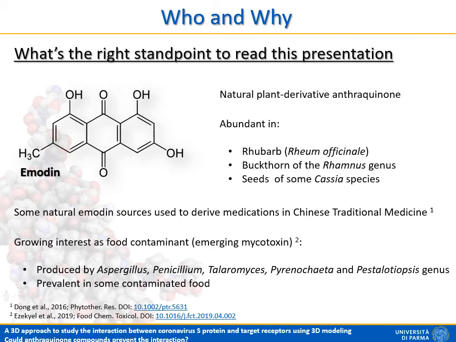It has many biological and toxicological properties, and in addition, it is also produced by fungi and molds relevant to the food safety area, and indeed, it has been recently included in the group of the so-defined emerging mycotoxins. So it may pose a risk in terms of food safety.